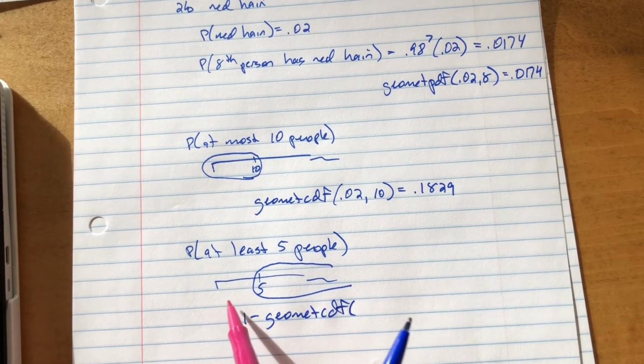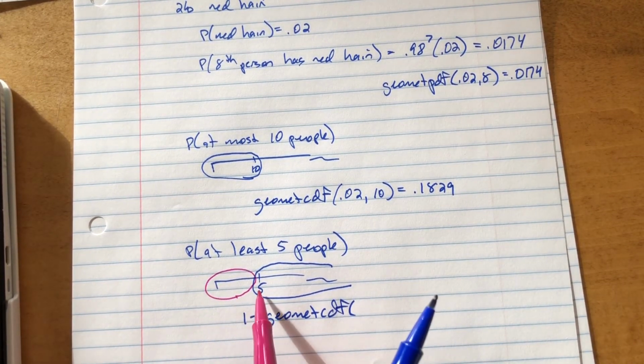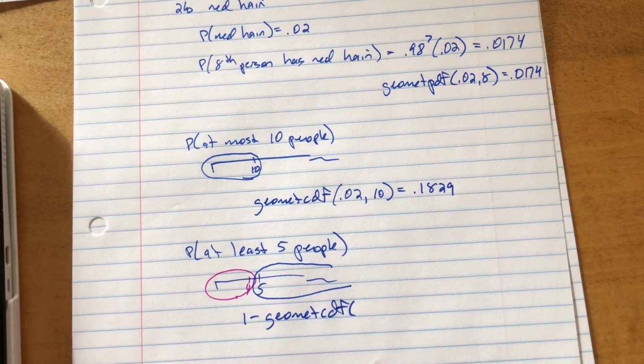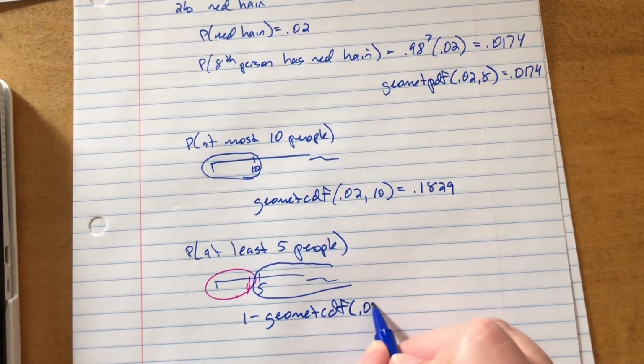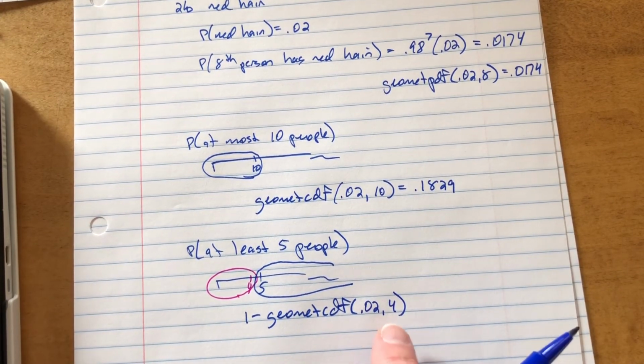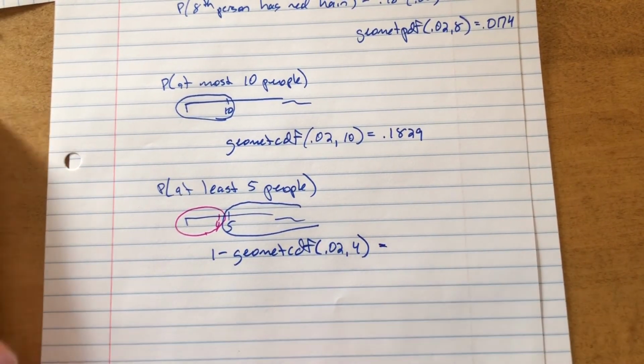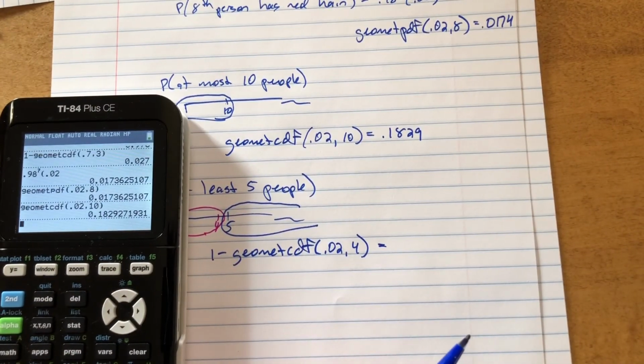Because all these probabilities will add up to be 1, but I'm going to subtract this part to the left, and if that's 5, then I've got to accumulate from 4 to the left. Not that I couldn't calculate the 4th, the 3rd, the 2nd, and the 1st person having red hair, add those up and subtract those from 1. I could, okay? I'd get the same thing, but this is a lot faster.